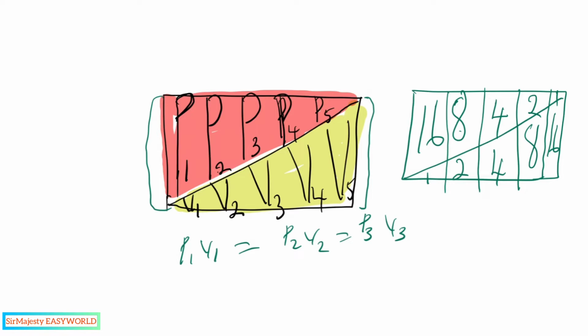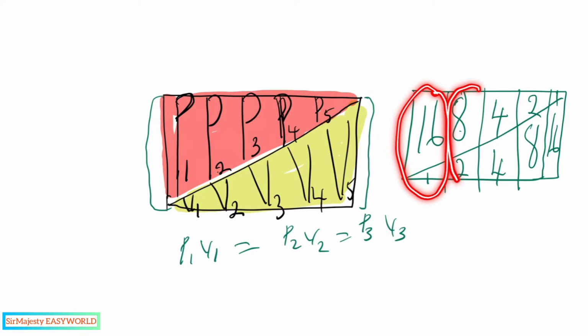In whichever case, this implies that if you look at the right up there, 16 times 1 is equal to 8 times 2, which is also equal to 4 times 4, which is also equal to 2 times 8, and eventually 1 times 16. In this first situation, the pressure was 16 and the volume is assumed to be 1.